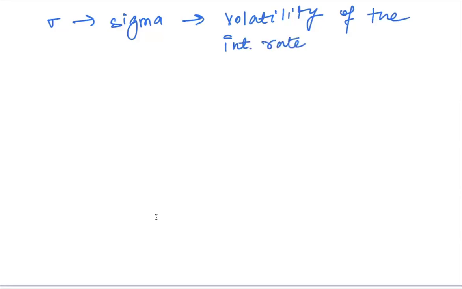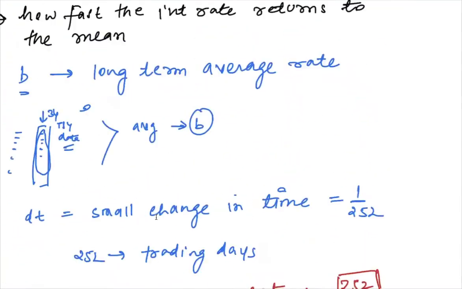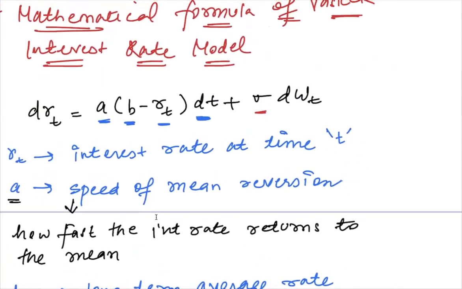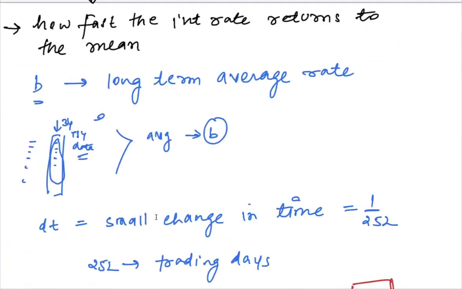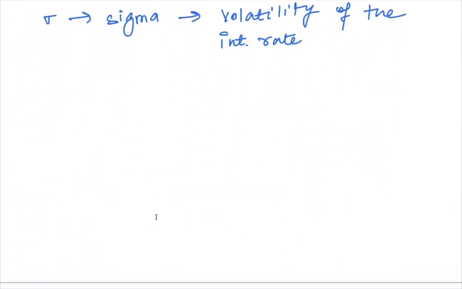Now the next component is dWt. So what is dWt? dWt is nothing but the Wiener process, or you can also say Brownian motion.